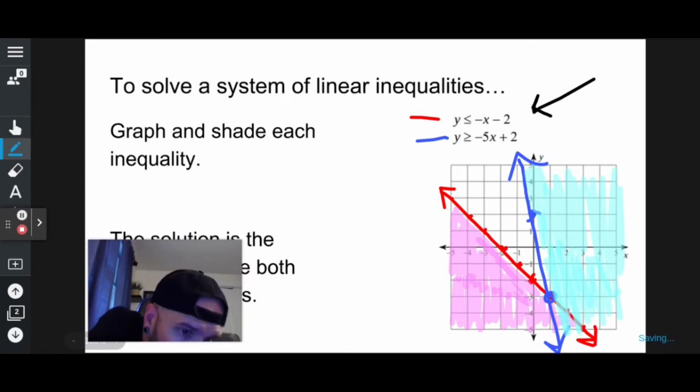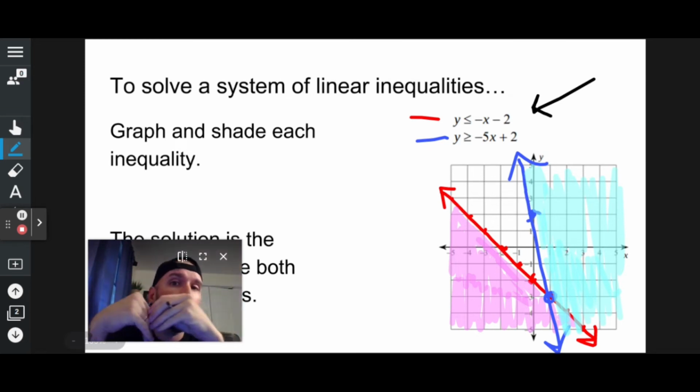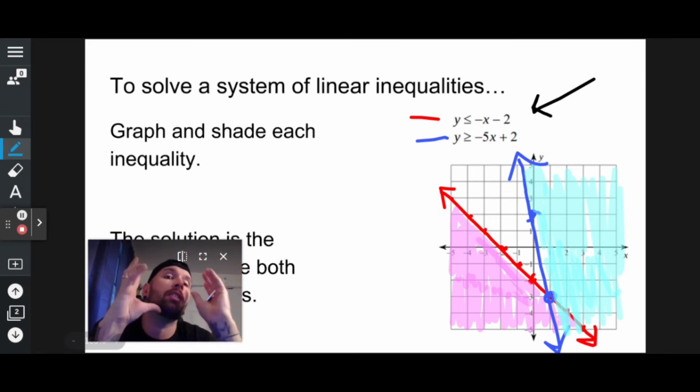Now, what you see, and it's not that much, is that in this area right here, the purple and the blue meet. My solution to a system of linear inequalities is the shaded region where both shadings meet.